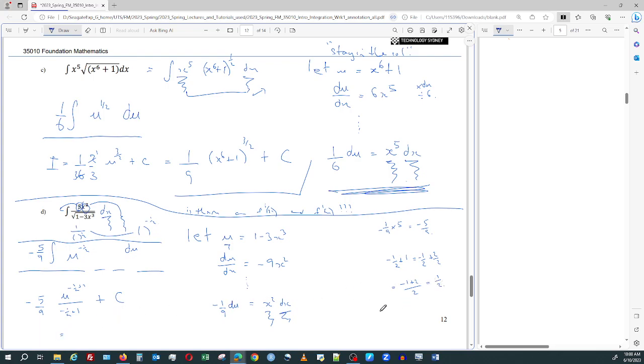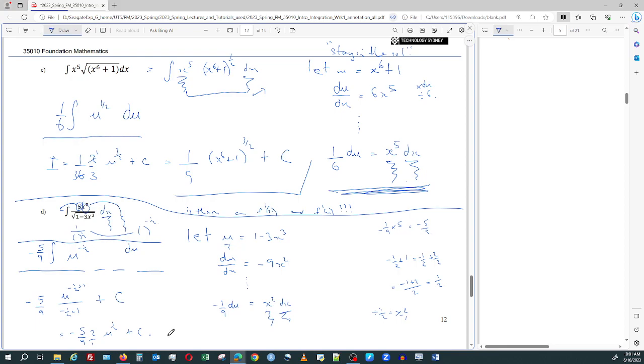Now, divide by a half is equal to times 2 over 1. So we're actually going to get minus 5 on 9. Instead of dividing by half, we're going to times by 2 over 1. And then u to the half plus c.